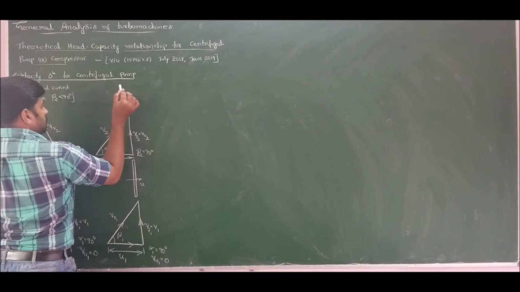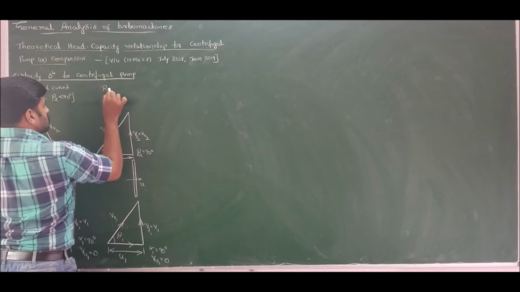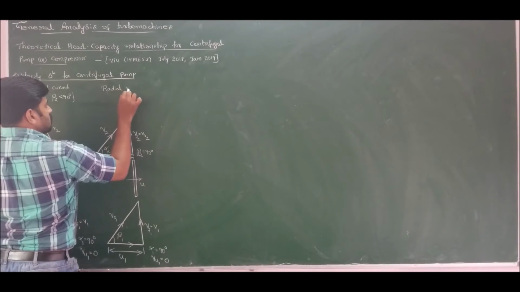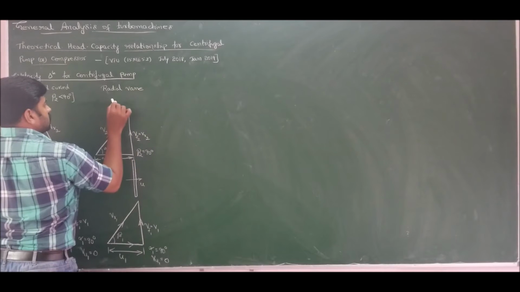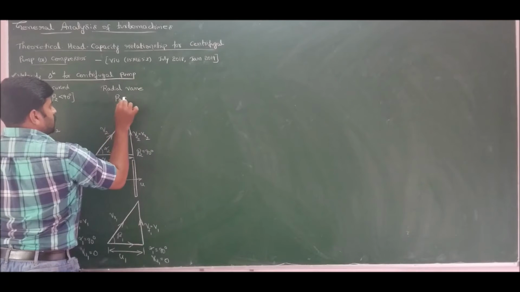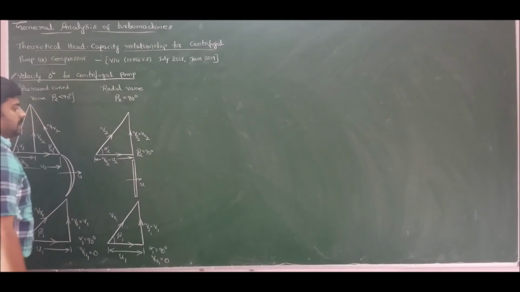This is termed as radial wing, that is beta 2 is equal to 90 degrees.